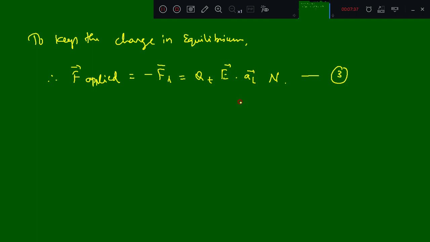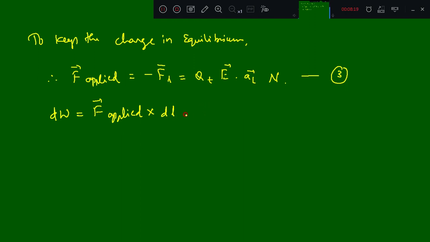Thus there is an expenditure of energy, which is given by the product of force and distance. Hence mathematically, the work done by an external source in moving the charge QT through a distance dl against the direction of the field E is given by what we need to write here. We need to write the equation for the work done, that is W. So I will write the differential work dW as the applied force into the distance dl.